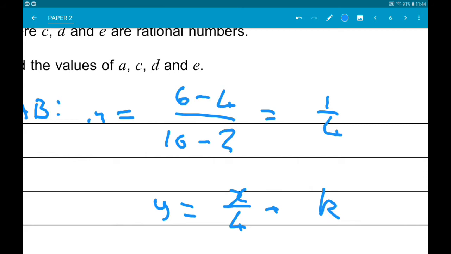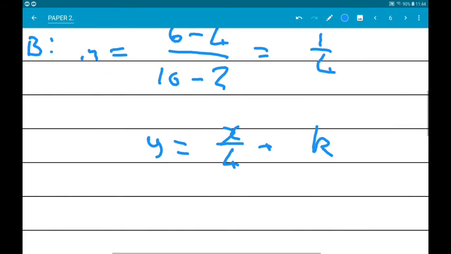Now we know when x is 2, y is 4. So, we get 4 is equal to 2 over 4, so a half, add k.